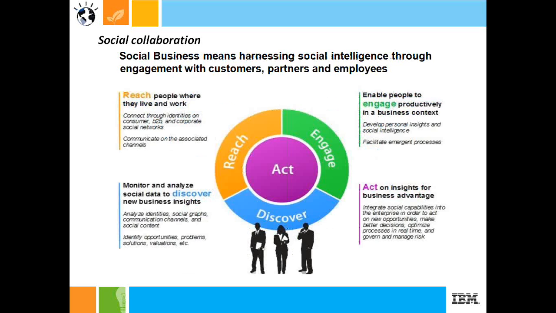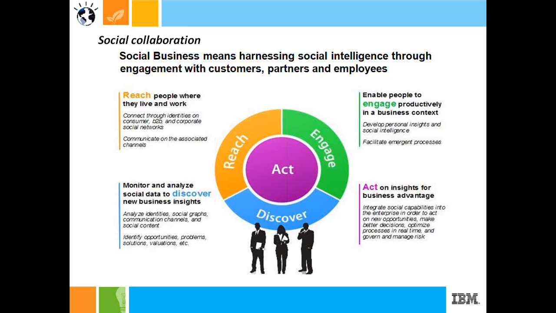Now, what do you mean by social collaboration? Social business is a part of social collaboration, which means harnessing your social intelligence through engagement with customers, partners, and employees. So reach the people where they live.